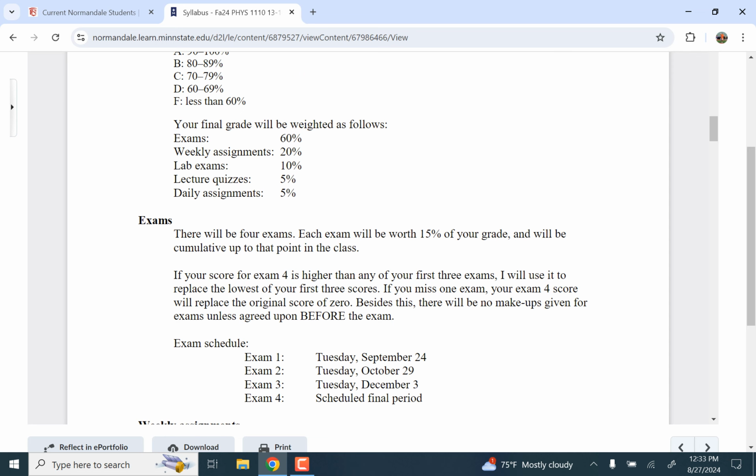Okay. So first is exams, and if I totally had my way, I probably would have a little less emphasis on exams than this. But unfortunately, it's become way easier to cheat convincingly in the last 2 or 3 years than it was before with ChatGPT and other AI resources.